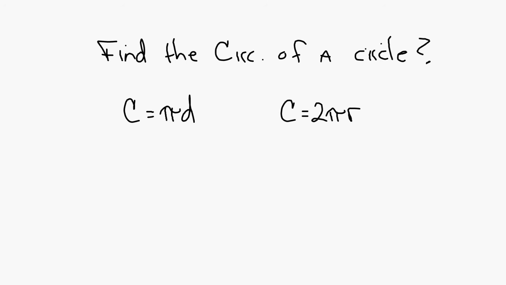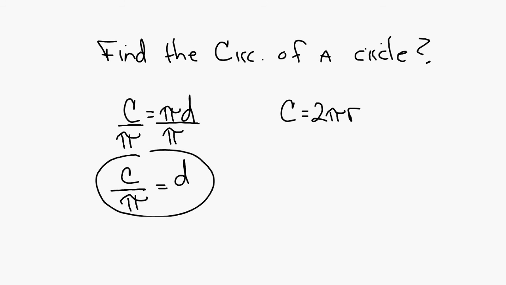If they don't give you any information and they ask you for the diameter, look right here. Circumference equals pi times diameter. If you divide both sides by pi, doesn't circumference divided by pi equal the diameter? There's your answer for the diameter if you're not given any information.